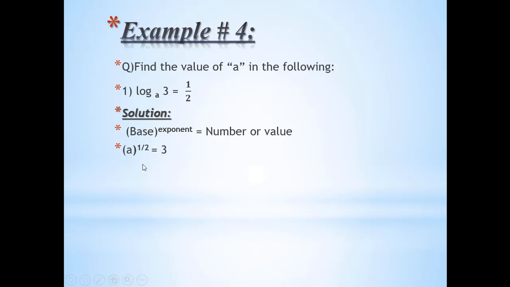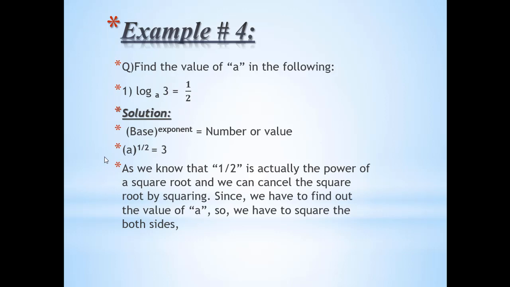Number 1. Number 2, we have been asked to calculate only a, not any power of a, so we have to cancel out these powers. So how can we cancel these powers? You need to know this thing. As we know that 1/2 is actually the power of a square root, and we can cancel the square root by squaring.